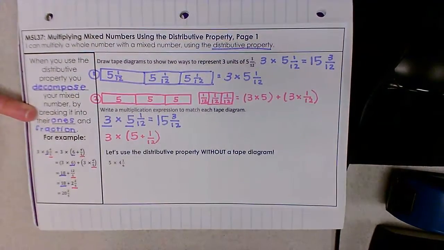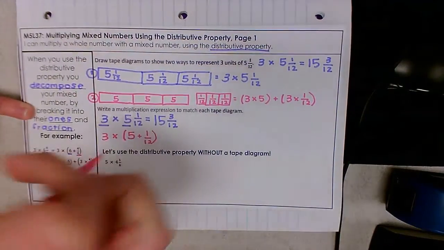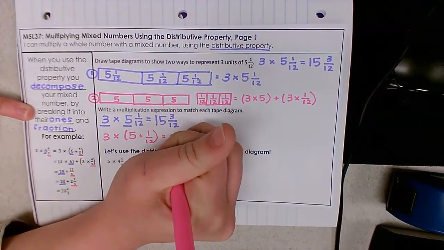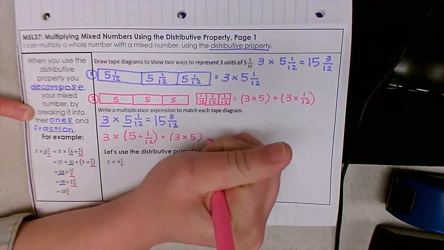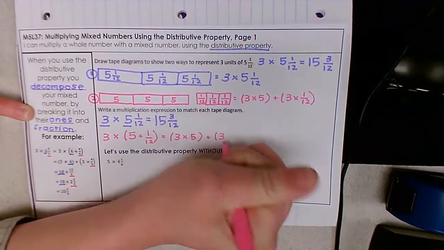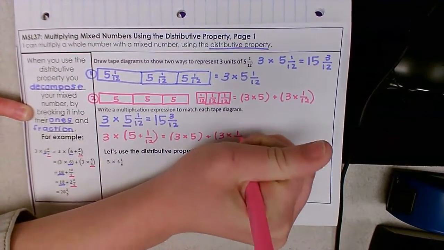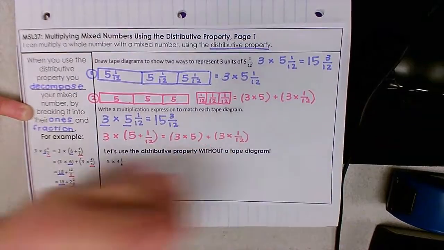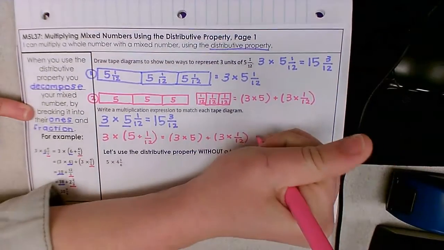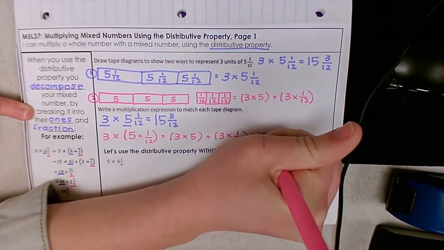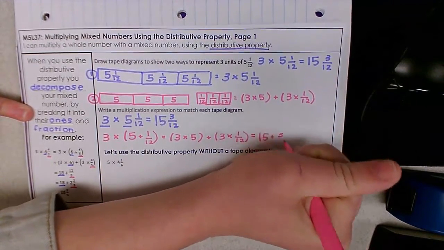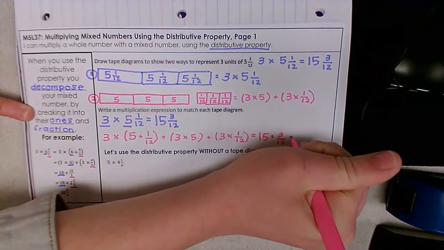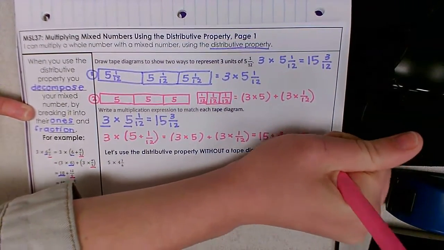The 5s get a group of 3, the 1/12s get a group of 3. So it turned into 3 groups of 5 plus 3 groups of 1/12. That became 15 plus 3/12 for our total of 15 and 3/12.